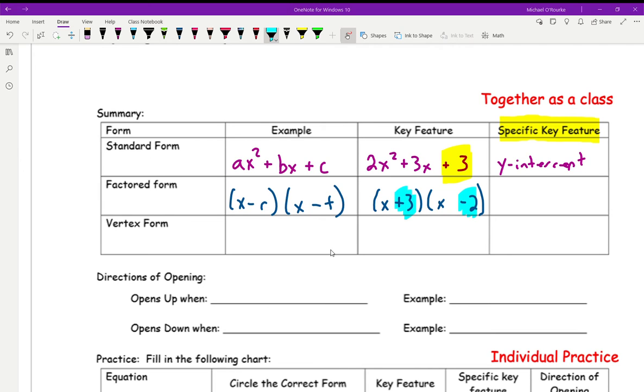Our x-intercepts are negative 5 and positive 2, which is the exact opposite of these numbers in here. So this one here is negative 4 and plus 1. The sign switches, so negative 1 is going to be this one, and positive 4 is going to be this one.